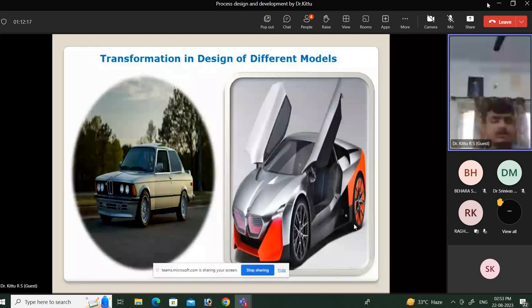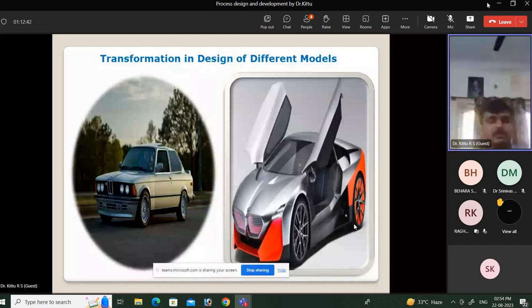These transformations or changes come from the prototyping, or the product design and development initiatives taken by the business institution. For such innovations and product design, you need to focus on development.